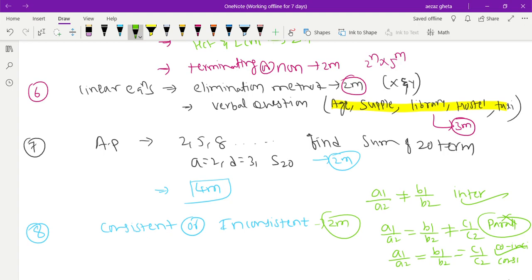So if we count the marks, here 2 marks total, this is 2.